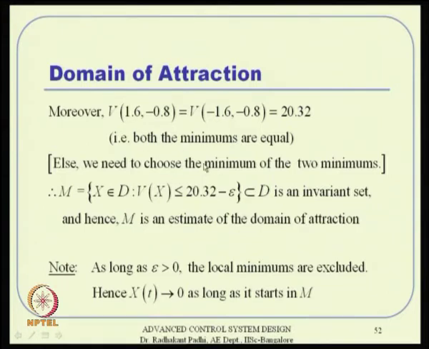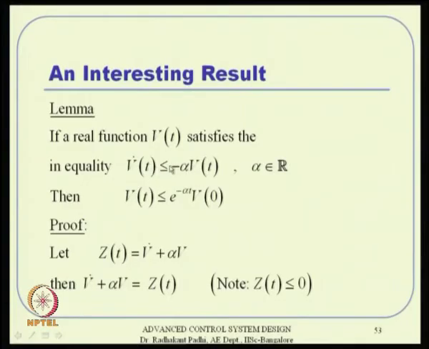So, before we stop this lecture, there is another interesting result, sometimes it is useful. Let us study that very quickly. It tells you that if my V dot satisfies some inequality, then for all time this inequality is also satisfied. Why is that? Because if I define this z of t as something like V dot plus alpha V, and then consider that as a linear differential equation, remember z of t is less than 0 by construction.